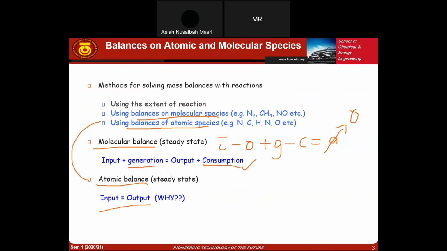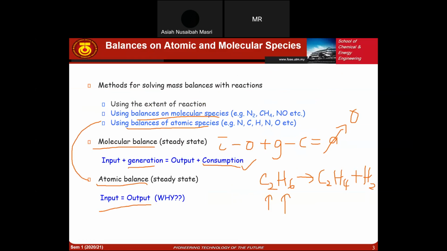For you to remember, it's as simple as when you write the chemical equation. Let's say, for example, you have C2H6 dehydrogenating to become C2H4 plus hydrogen. We can see here the input consists of 2 carbon and 6 hydrogen.